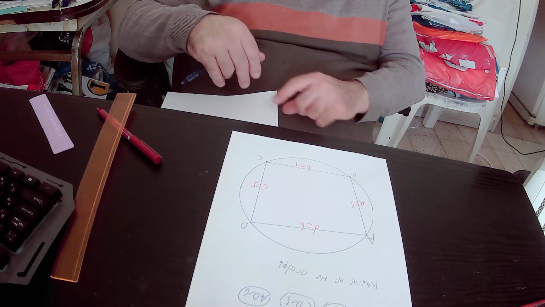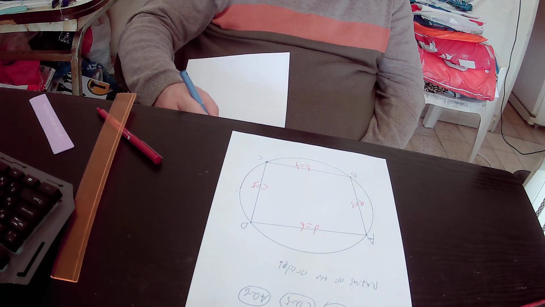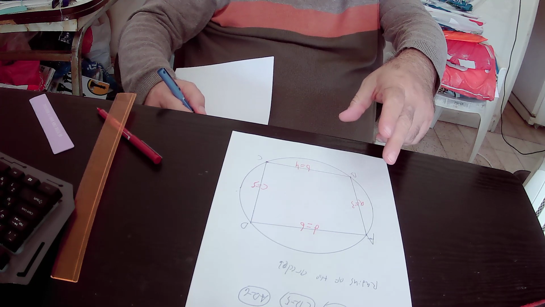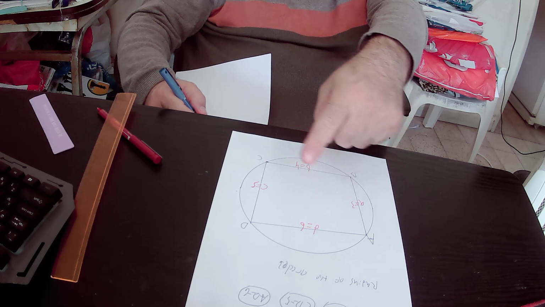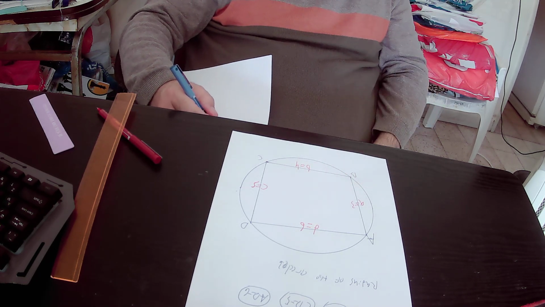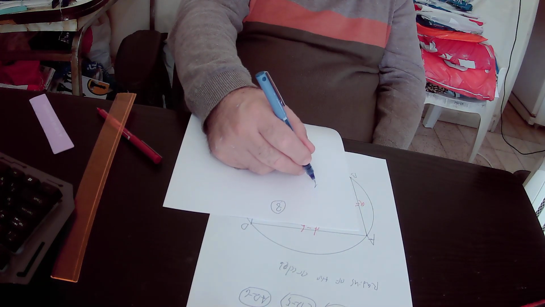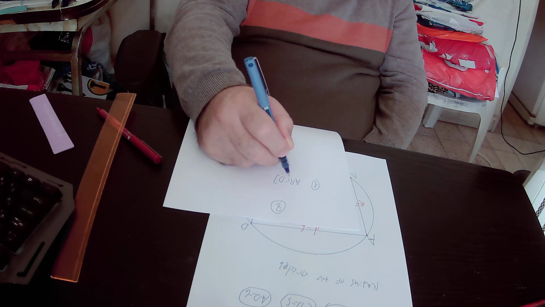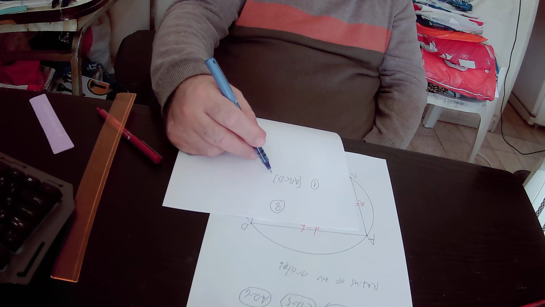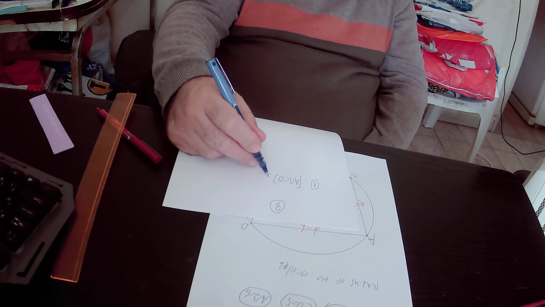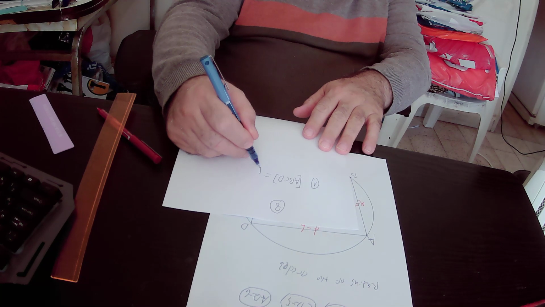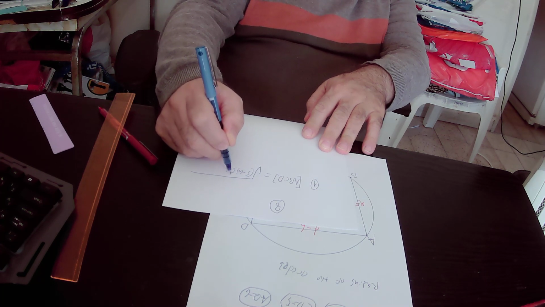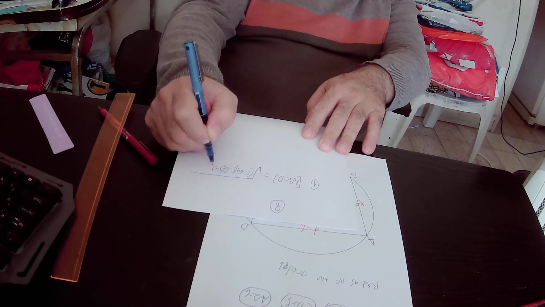So according to rule number 1, the area of this quadrilateral that is inscribed by that circle, that is to say the area of quadrilateral ABCD, according to rule number 1, will be equal to the root of S minus A times S minus B times S minus C times S minus D.